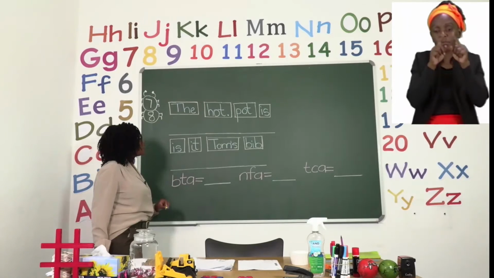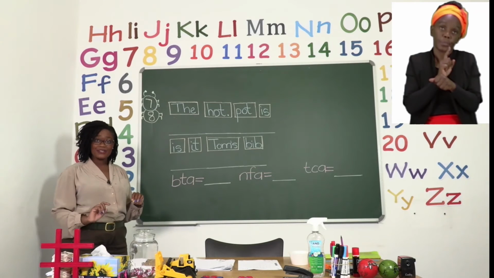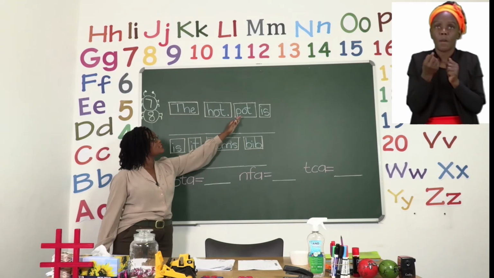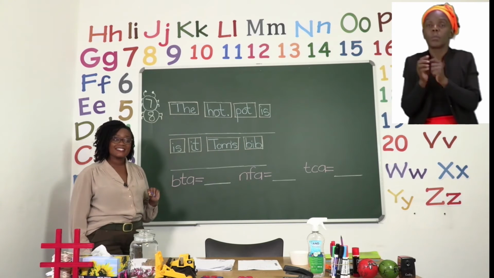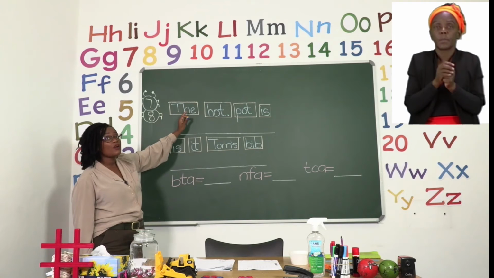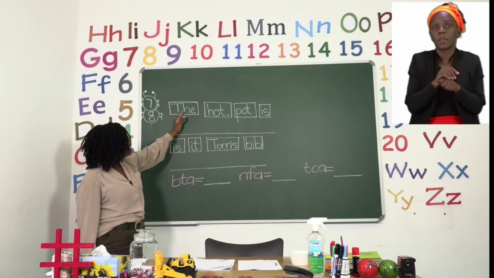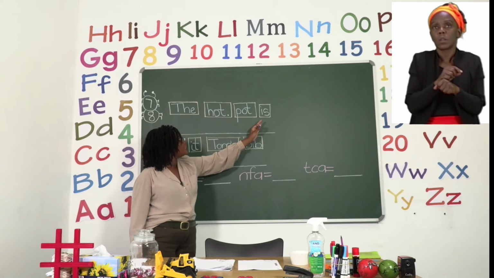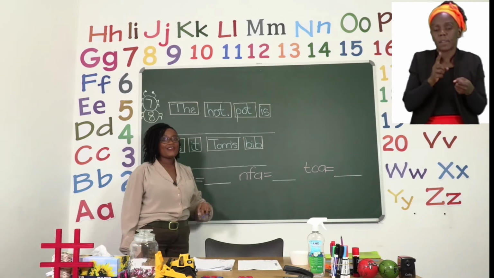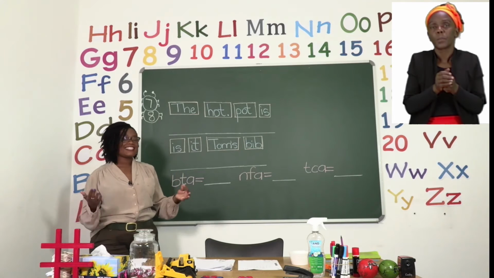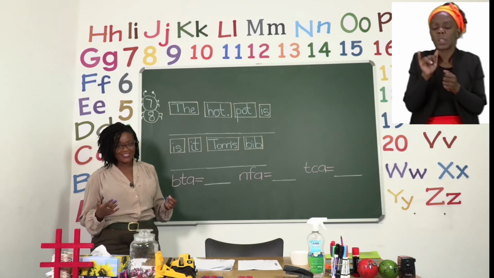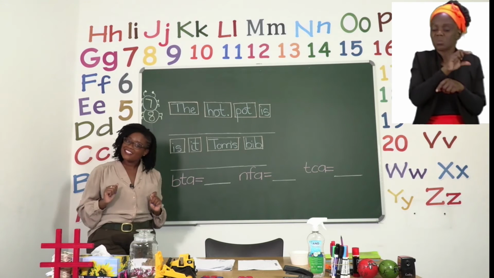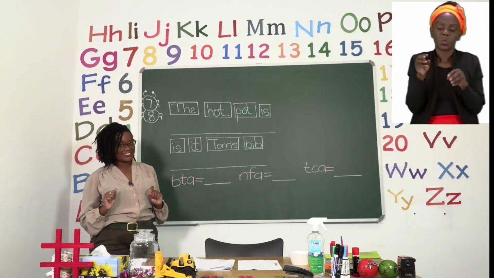Now the first one, the same one in your book, has 4 blocks, 1, 2, 3, 4, and it says, let's read the words in the blocks together. The hot pot is. Now if we leave it the way it is, it doesn't make sense. So we need to rearrange and build our sentence so that it can make sense.